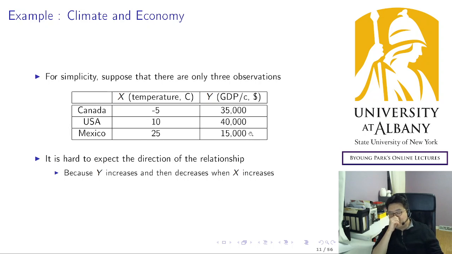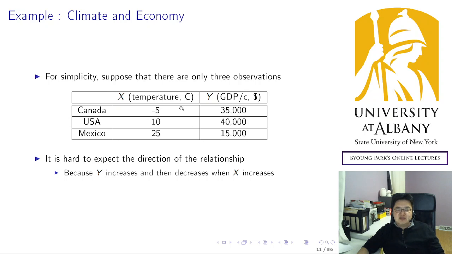We would like to calculate the covariance to understand the direction of their linear relationship. Even though you have only three numbers, it is still not clear. Temperature increases in this direction, but GDP per capita increases and then drops a lot.